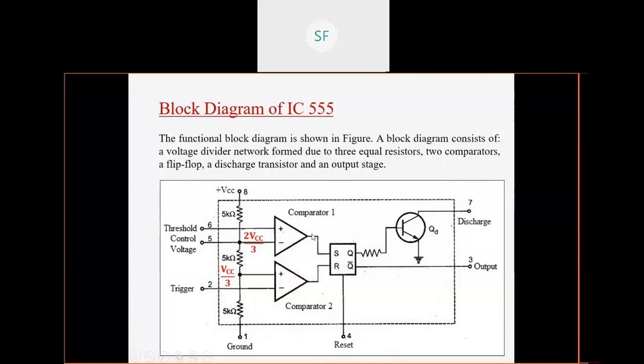The output of any comparator will be 0 when the voltage at the negative terminal is greater than the voltage at the positive terminal, and 1 when the voltage at the positive terminal is greater than the voltage at the negative terminal.